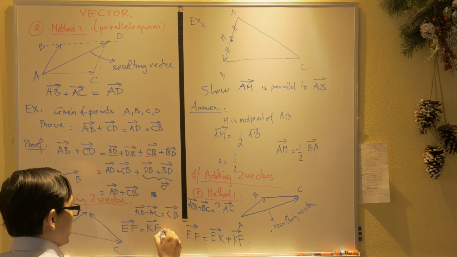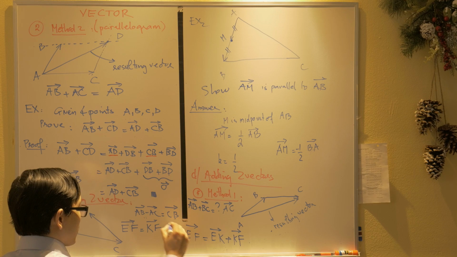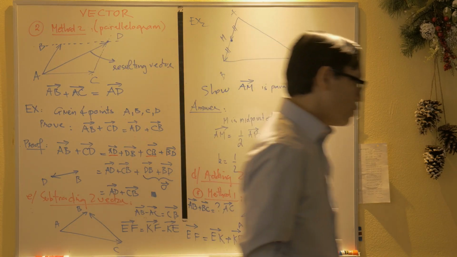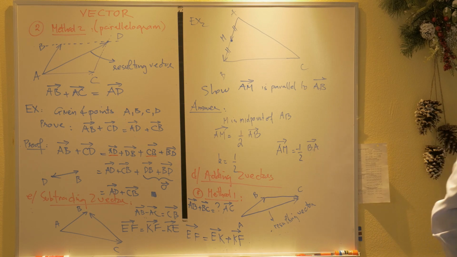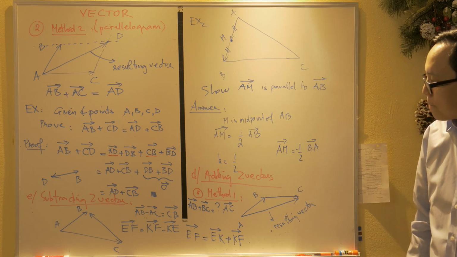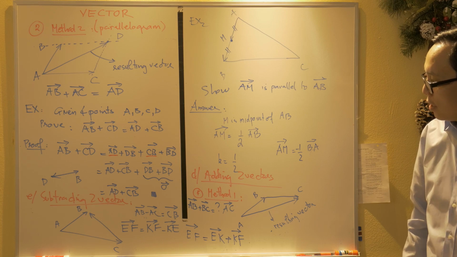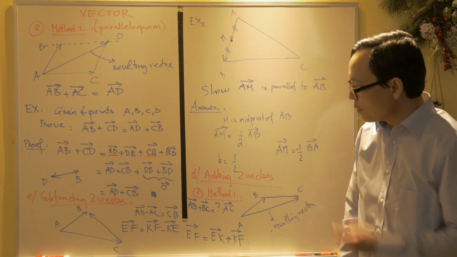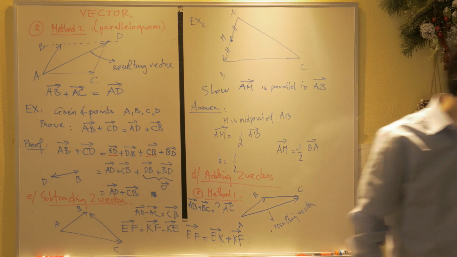Head minus tail, KE. So KF minus KE. And subtracting two vectors is also very important. We can use the formula and the picture to prove a vector expression.